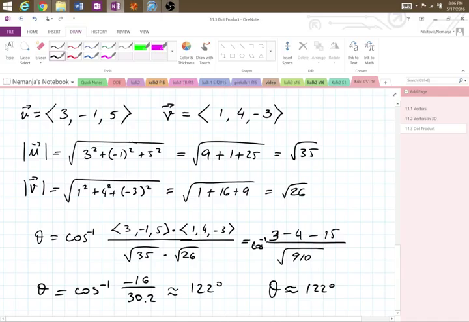We will see later that two vectors define a plane, and no matter which way you have two vectors in space, so here we have a vector and another vector.